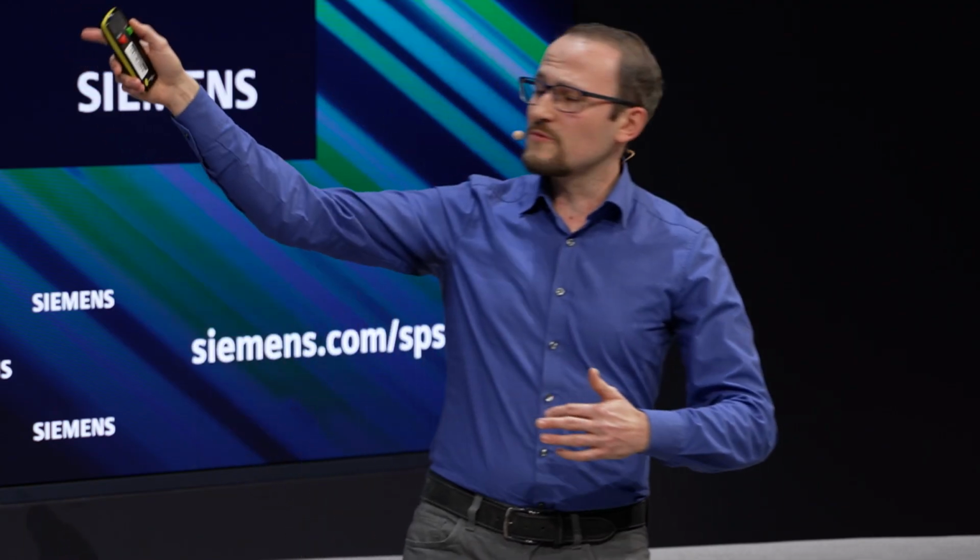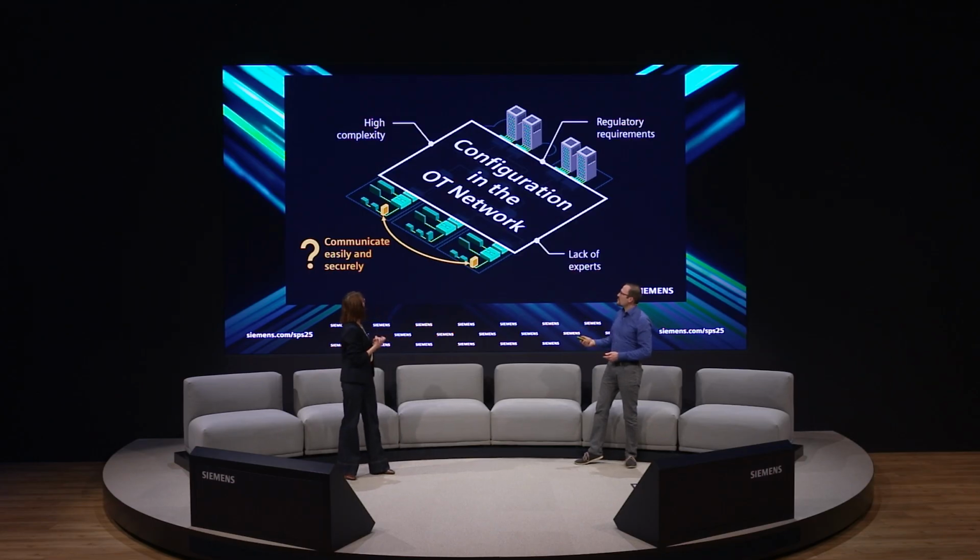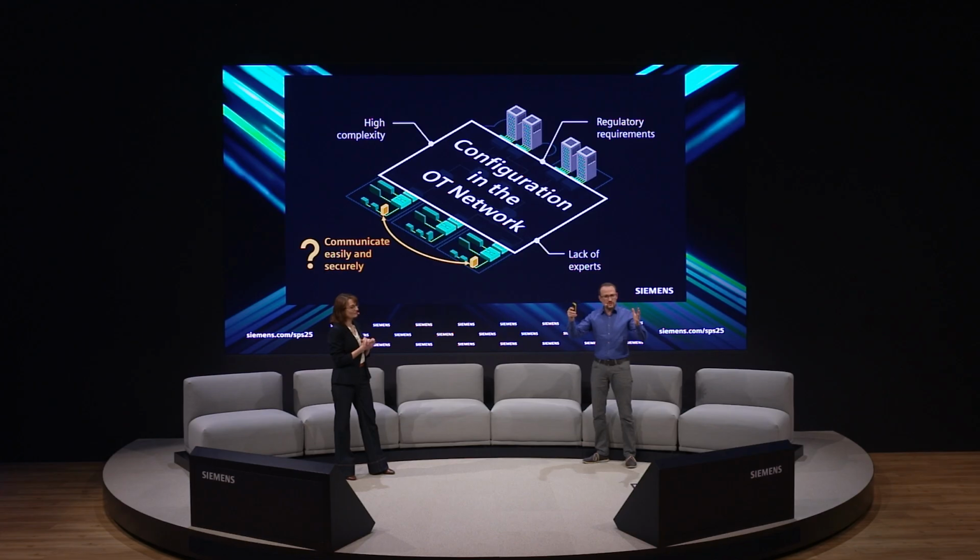There are a lot of systems involved to make this communication between those two assets possible. And due to the fact that there are a lot of services, firewalls, users, and different technicians involved, this makes the configuration in the end very, very complex to manage your whole OT network.